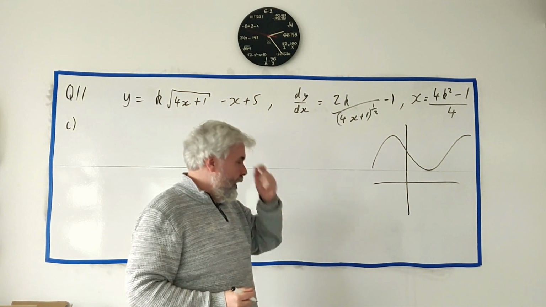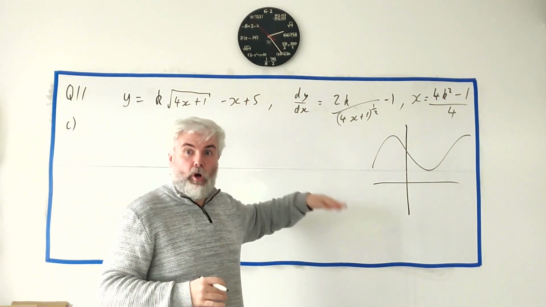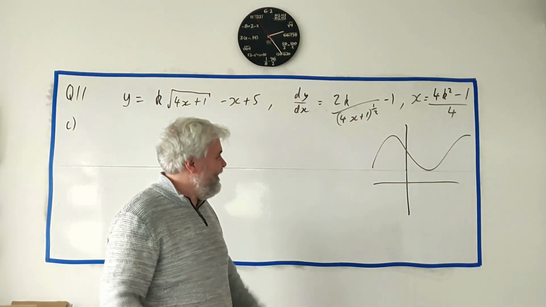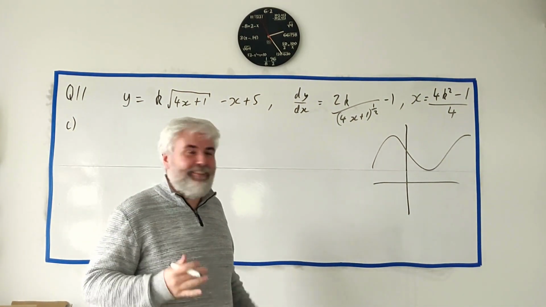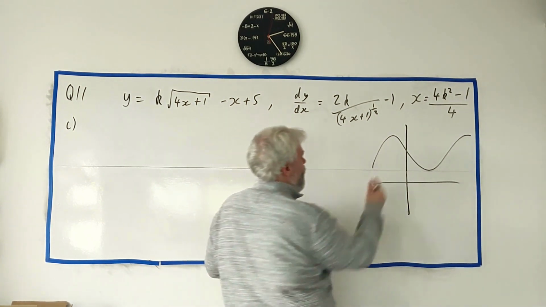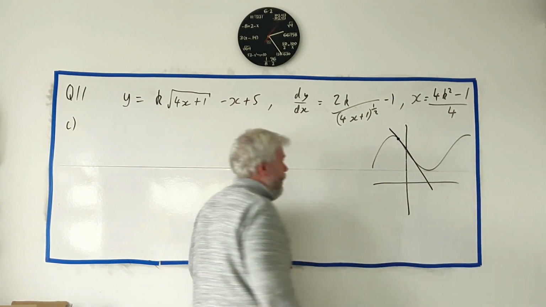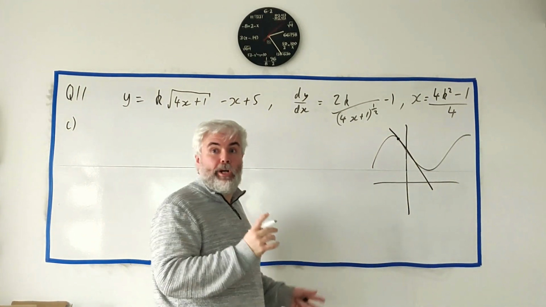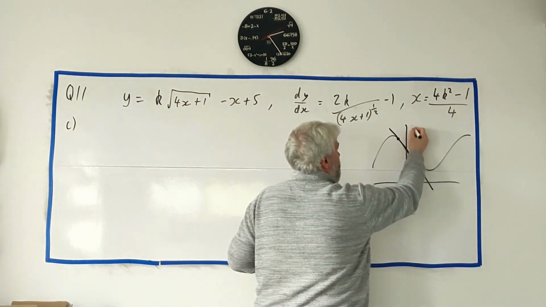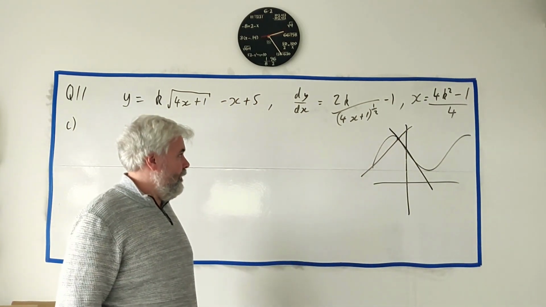I know what the picture should look like and I want to draw it wrong, just to respect what the examiner's meant here. So basically they're saying there's a tangent somewhere. I'll just draw a generic one here. There's a tangent here, and what we're looking for is the normal. So we're looking for the normal to that tangent.